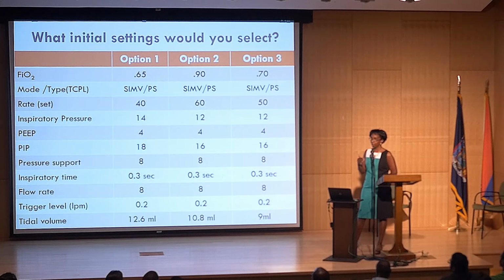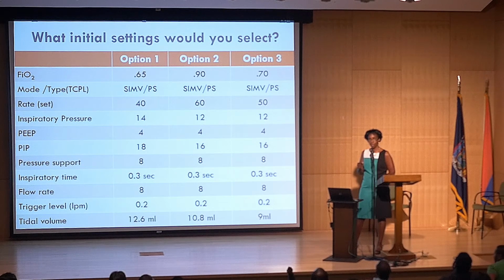What I have found in my work as well as in the research is that there is no consistent consensus when it comes to the type of ventilation and the mode of ventilation to use in the neonatal intensive care unit. It really seems to depend on the unit that you work in, the neonatologist that you work with, as well as the respiratory therapists that are in that particular unit.